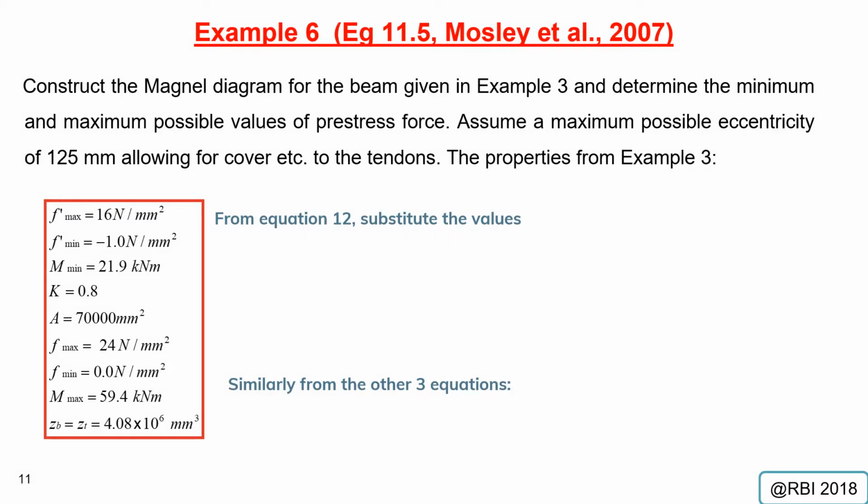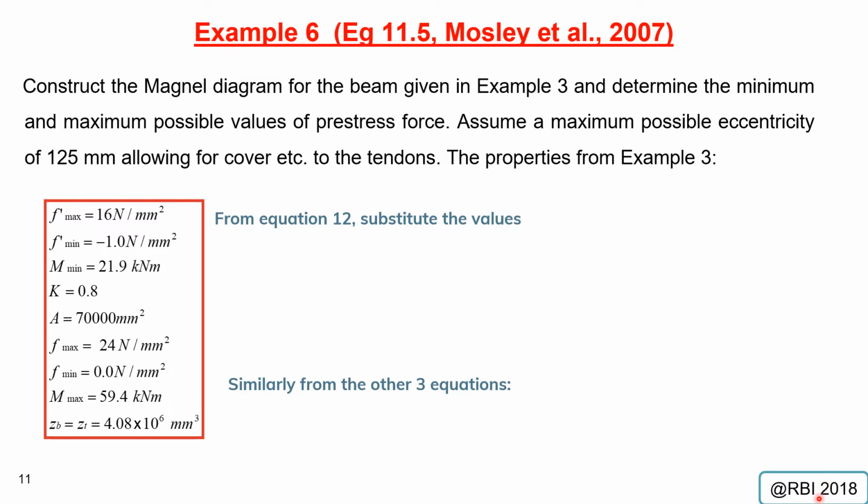Now let's try to construct a real Magnel diagram from actual properties that we have calculated before in example 3. This is taken from example 11.5, mostly Bangi both. In this slide it is called example 6.